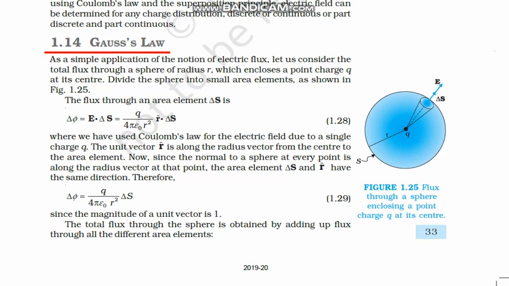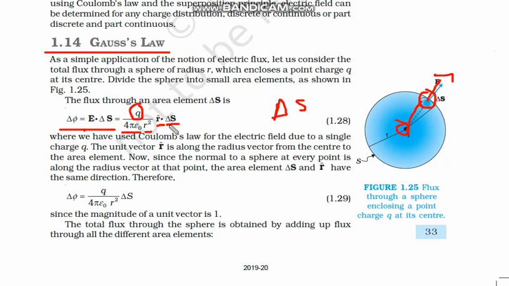So remember, we discussed flux. Flux was simply delta phi, which was E dot delta S. Now if we define this electric field, that is 1 upon 4 pi epsilon naught, charge q upon r square, where the distance between this point and this element is r, because for the whole sphere the distance will remain r, and this unit vector r and this area element delta S. Since the unit vector r and delta S are pointing in the same direction, we simply take delta S. Why?